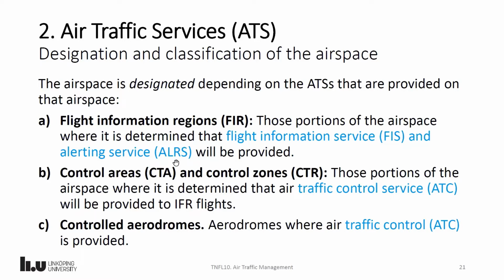And finally, the last type of airspace is control aerodromes, which are aerodromes where there is air traffic control service. I mean, not all aerodromes have ATC. That's why we must make the differentiation. For example, small private aerodromes may not even have a tower. So only those that have ATC are called control aerodromes.